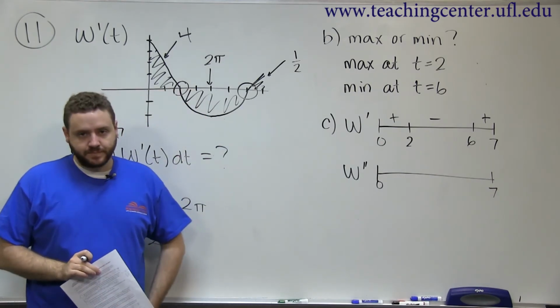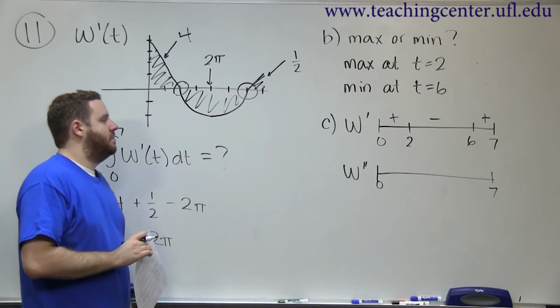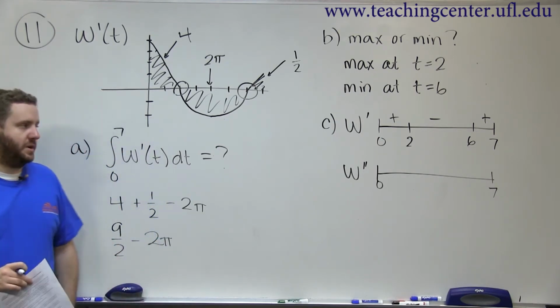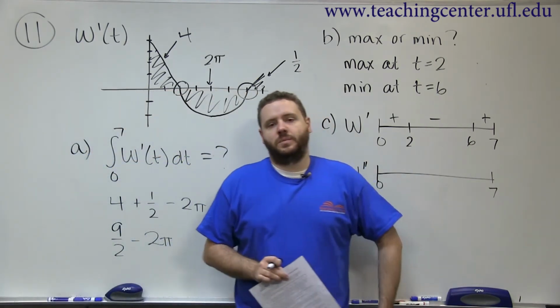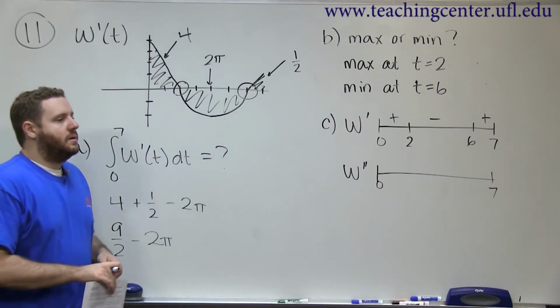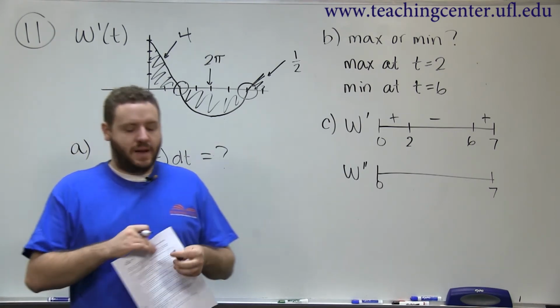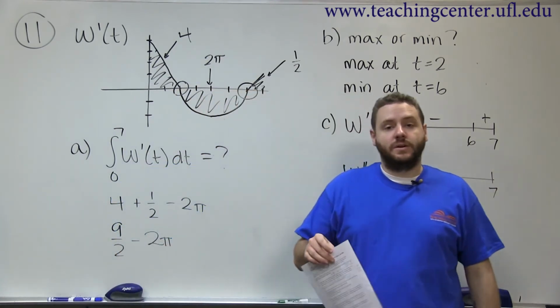That's pretty basic. Our sign chart for W double prime might be a little bit more tricky. So we need to figure out where the second derivative would be positive or negative. Well, think about it like this. If the derivative of something is positive or negative, that means that first function is increasing or decreasing.